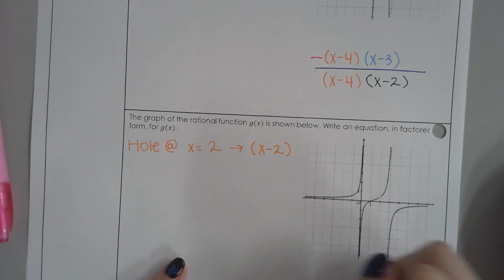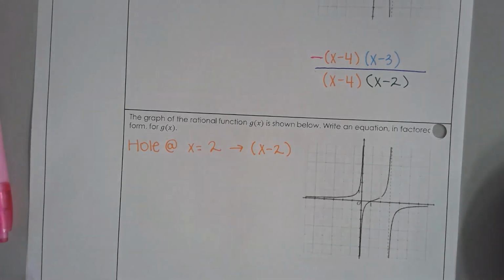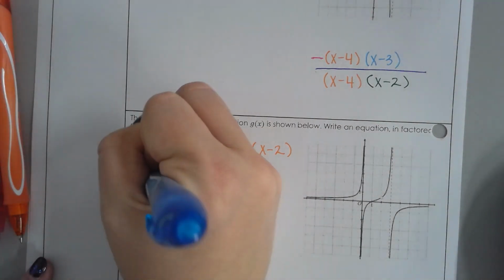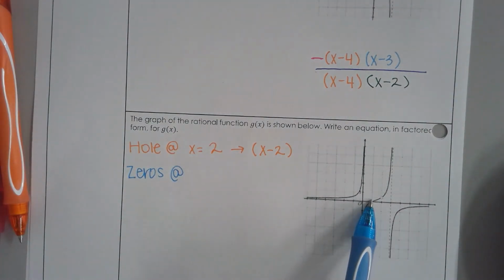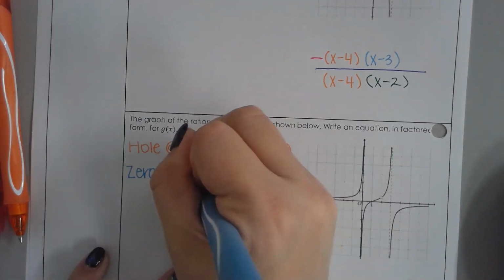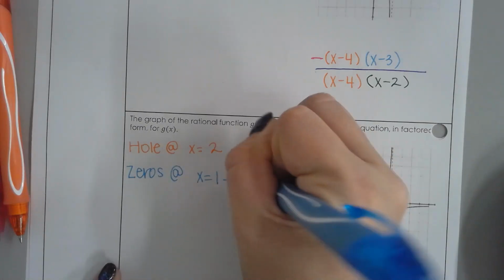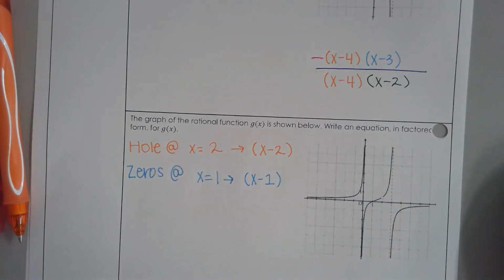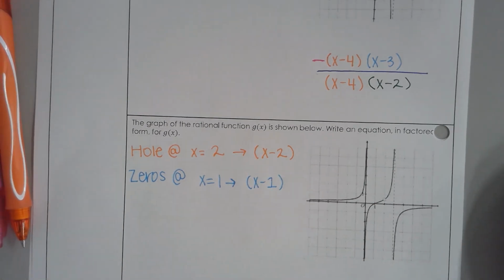X minus 2, X minus 2. Zeros or x-intercepts. I only have 1. It's at x equals 1. So I would have the factor x minus 1. And that is in the numerator.